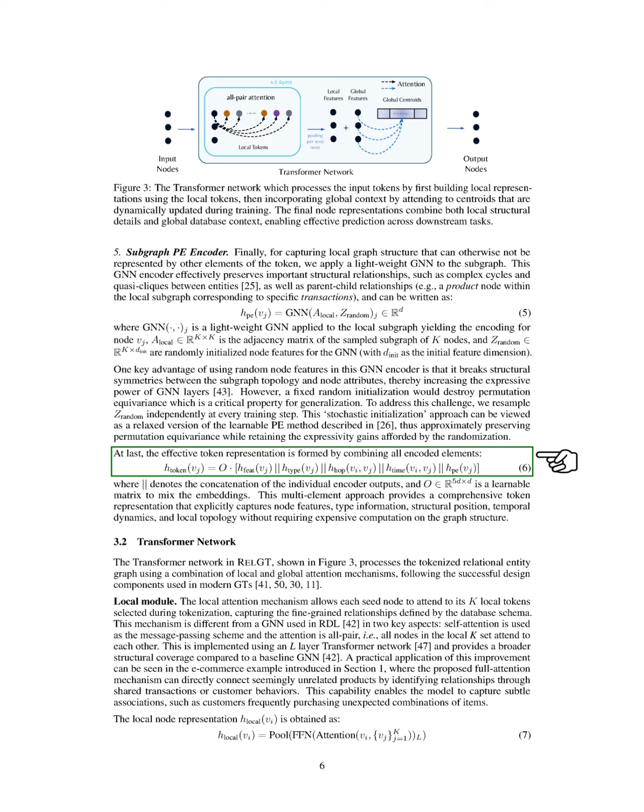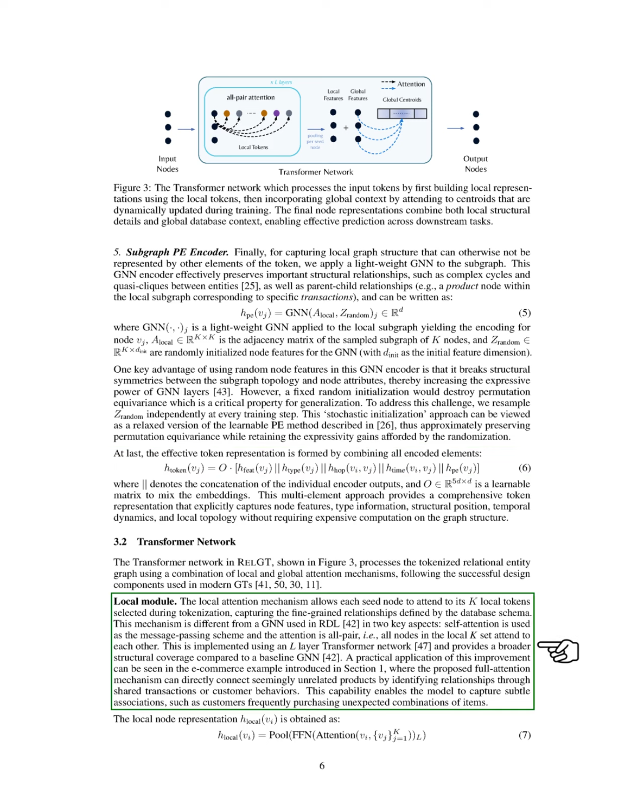Section: Transformer Network. In this section, we describe the transformer network used in RELGT, which processes the tokenized relational entity graph through local and global attention mechanisms, inspired by successful designs in modern graph transformers. For the local module, we utilize a local attention mechanism that allows each seed node to focus on its selected local tokens, capturing detailed relationships defined by the database schema.